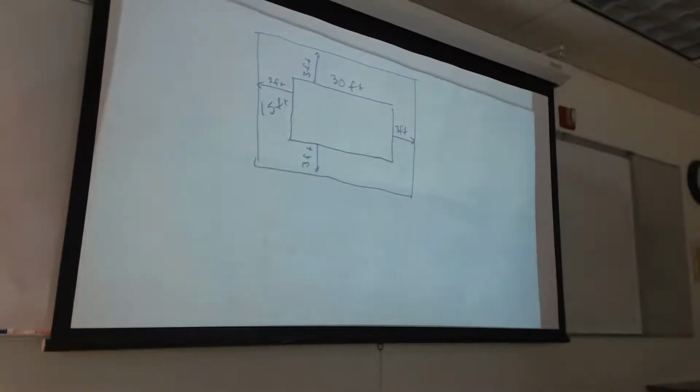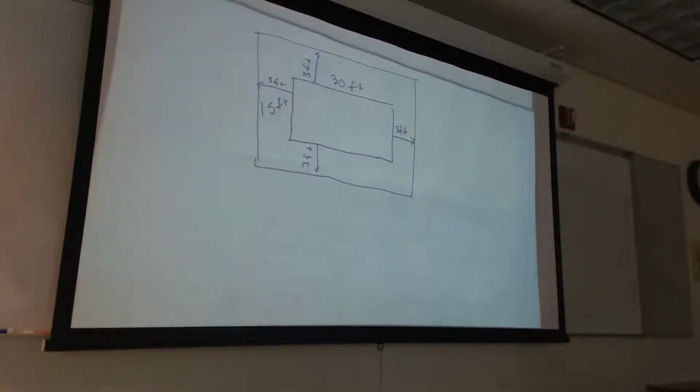Let's get the dimensions of the deck now. Because my thought is, we're gonna get the dimensions of the deck, and we're gonna find the area of the deck, and then we're also gonna find the area of the pool, and we're gonna subtract the area of the pool from the area of the deck to find how big the deck is. Does that make sense? Does that meet with what you would think logically? Take the deck and subtract the big hole that you put in the middle of it.